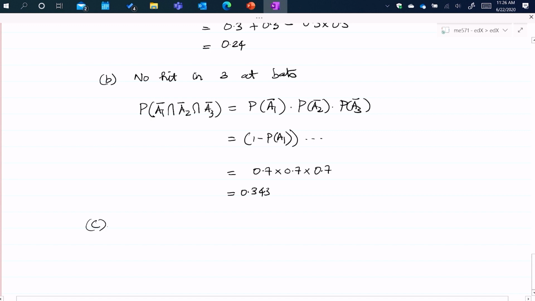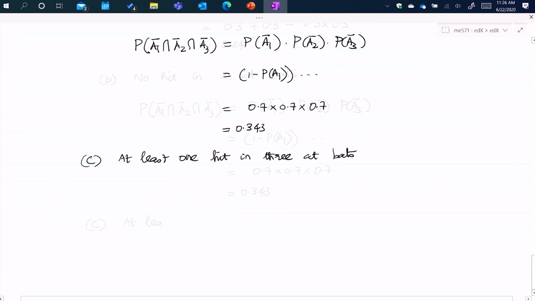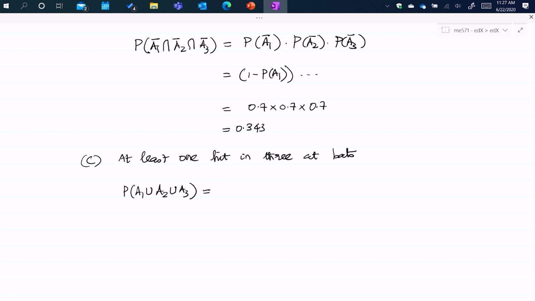And the last part is the probability that the player has at least 1 hit in 3 at-bats. So what we seek here is the probability that the player would hit in either the first at-bat, union the second at-bat, or the third at-bat. You can do this using the addition formula, or simply by using De Morgan's rule.